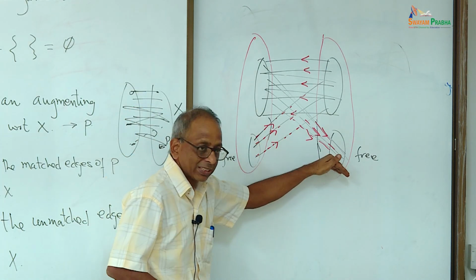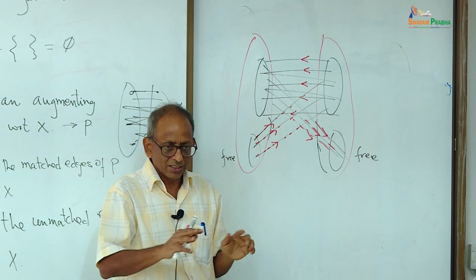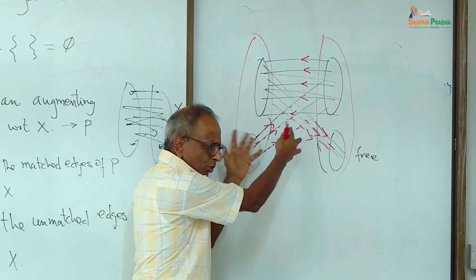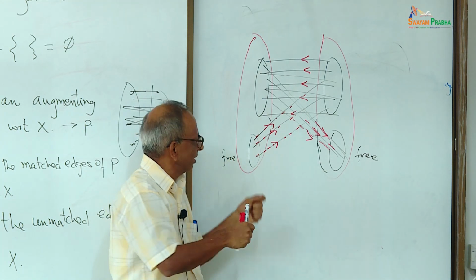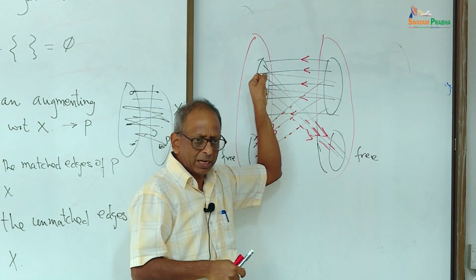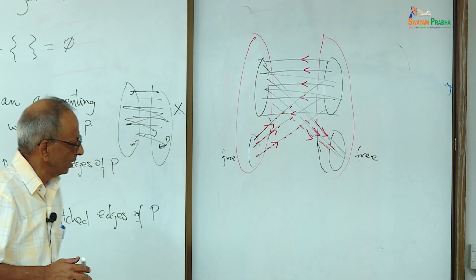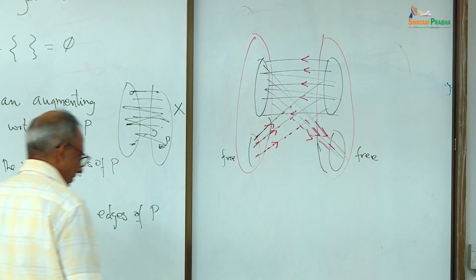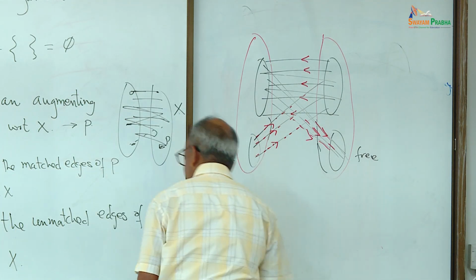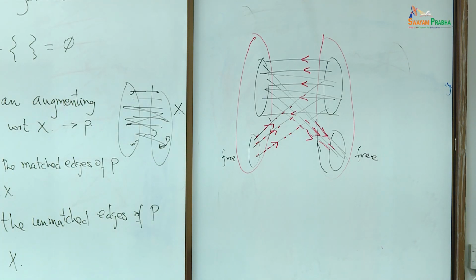But then when I come to this side, an unmatched edge. So you try to find if there is an augmenting path. But suppose there is no augmenting path. What would happen? Let us just see. So what can I erase?